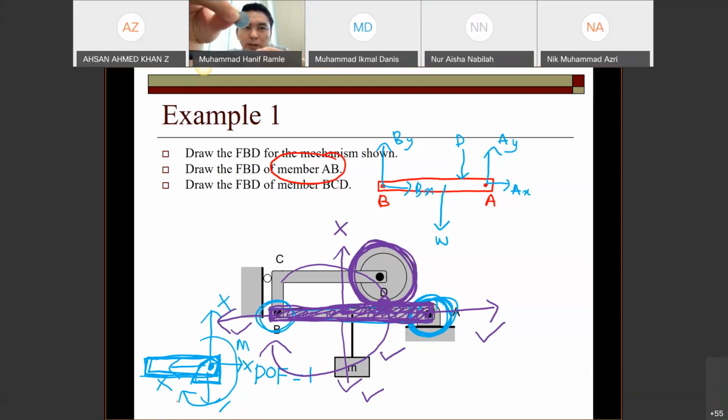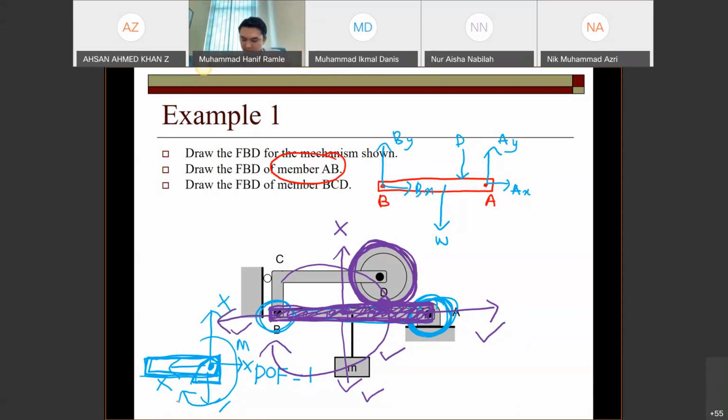My coin is the roller. My pen is the AB member. You can rotate like this, right? You can move left and right like this. You can bring it downward like this, but you cannot go upward because of the restriction from the coin. The rotation can happen like this.